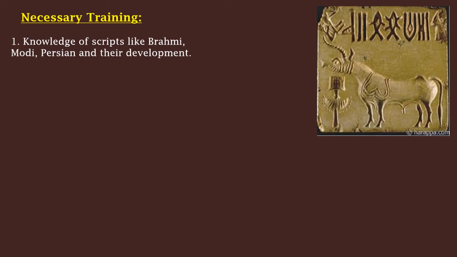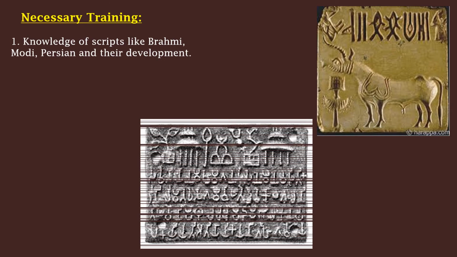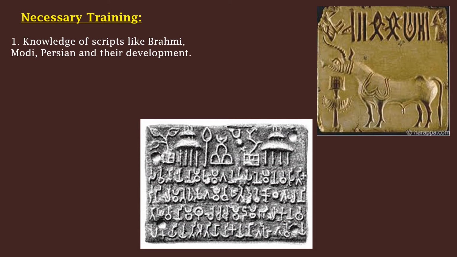The script fell out of use by 1500 BCE. The next clearly attested script in India was the Brahmi script, which was found in the inscriptions of the Mauryan Emperor Ashoka. In fact, some Brahmi inscriptions have been found in Tamil Nadu and Sri Lanka dating to the 6th century BCE.